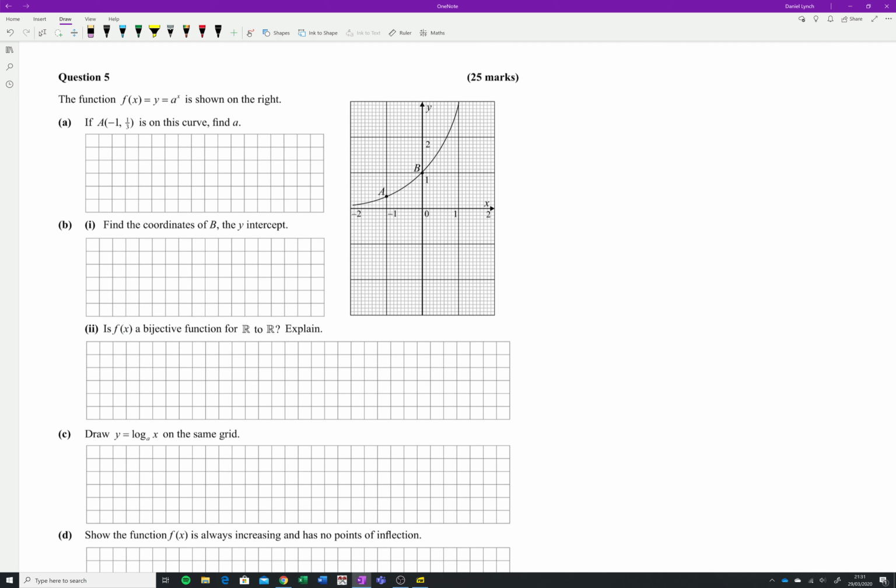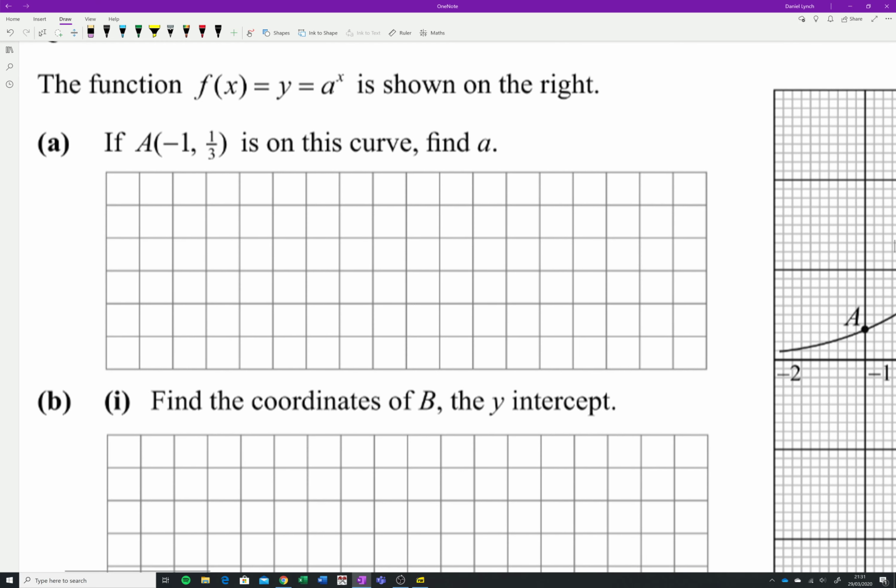So let's start. We can actually get the first few things. Shouldn't be a problem. The function f of x, or y, another way to say it, is equal to a to the x, is shown. If that is true, find a. Okay, if this point is on the curve, we make that x, we make that y.